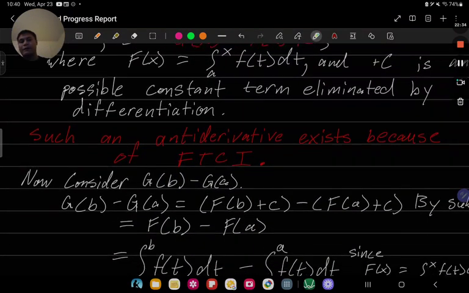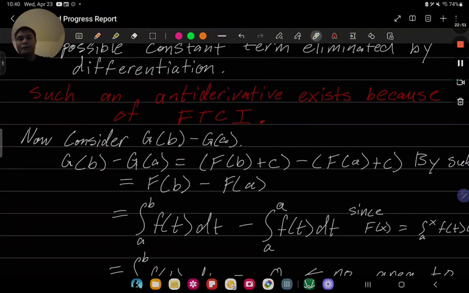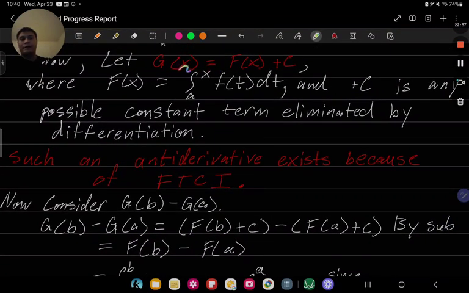Okay, now let's talk about the difference between g of b and g of a. So g of our endpoint minus g of our start point. And what does that difference look like? Well, we can recognize that g of b is just capital F of b plus c.